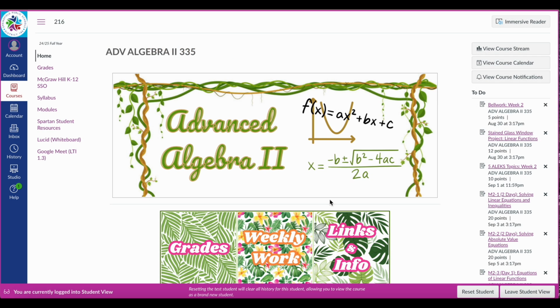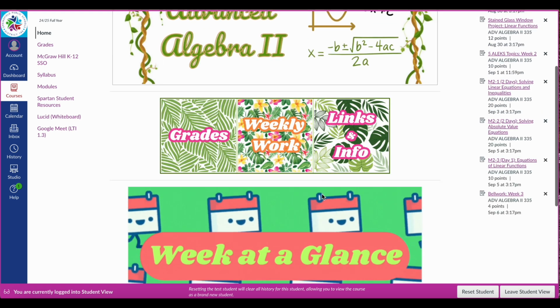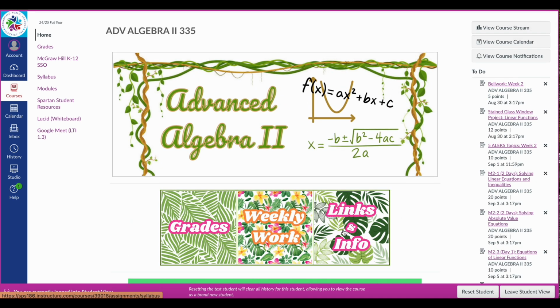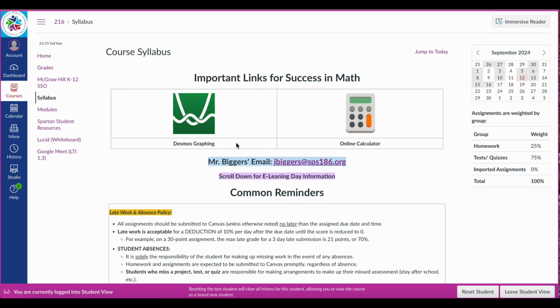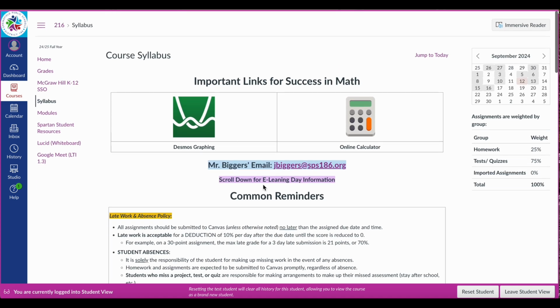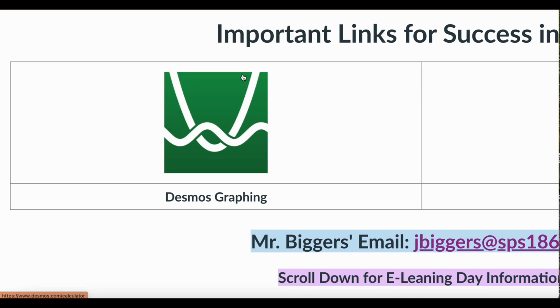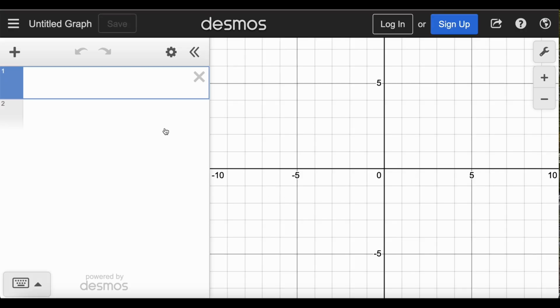So here we are on our Canvas page. To get to Desmos and to graph these things, you're going to want to hit links and info. It's going to show you all kinds of things, but the most important thing is the Desmos graphing calculator. You can Google this or go to class info and there's a button here. You're going to want to click into the calculator, and now what I'm going to do is type on my keyboard exactly what we just came up with on the notes.